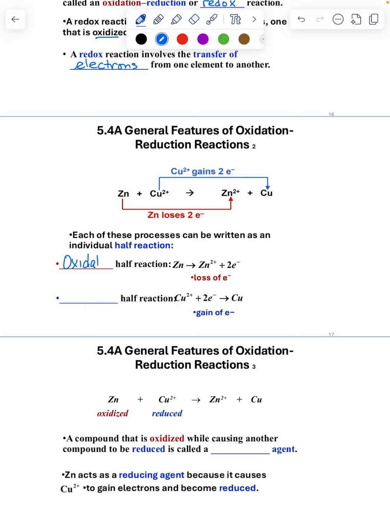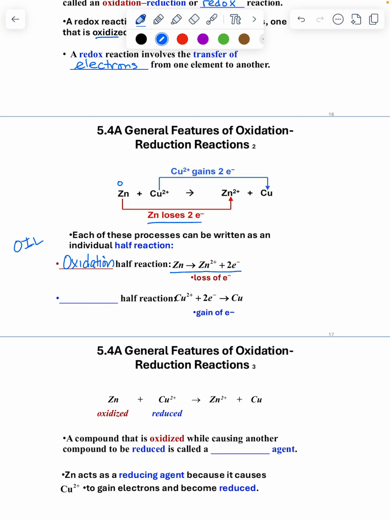We see here that zinc metal went from a charge of 0 to a charge of +2, and that +2 is a result of losing 2 electrons. So we have our half reaction written: zinc metal goes to zinc 2 plus, plus the 2 electrons that were lost. This is called an oxidation half reaction.